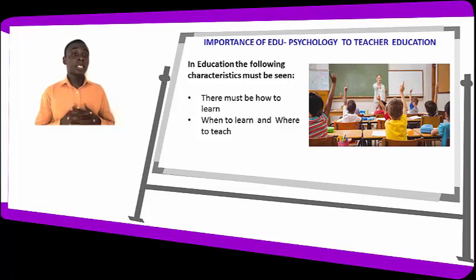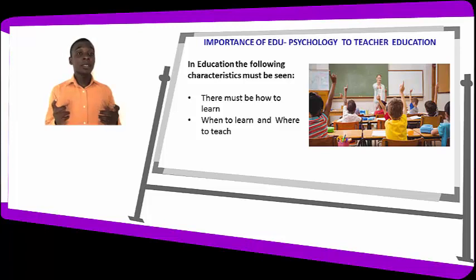Somebody must be there to pass out the information and instruct the learner, and there must be a learner who is ready to receive instruction from the teacher, who conditions himself to the learning situation and the learning process. And there must be what to teach, the curriculum, the content of the lesson. And there must also be how to learn, where to learn, and when to learn.